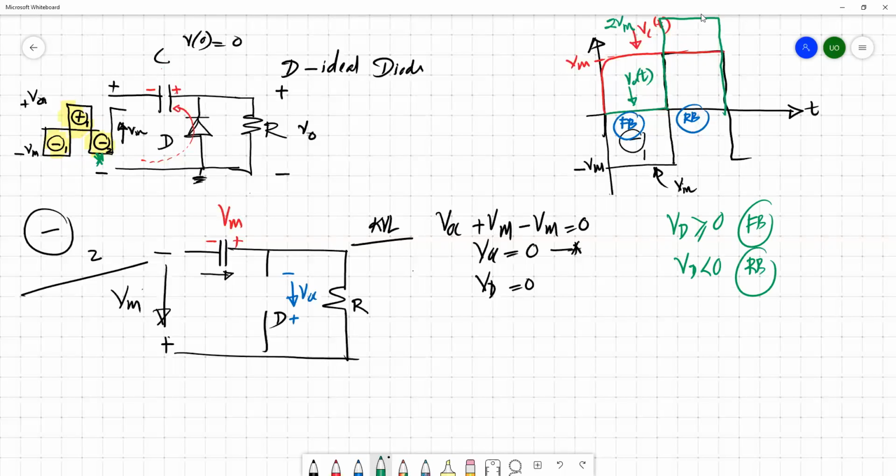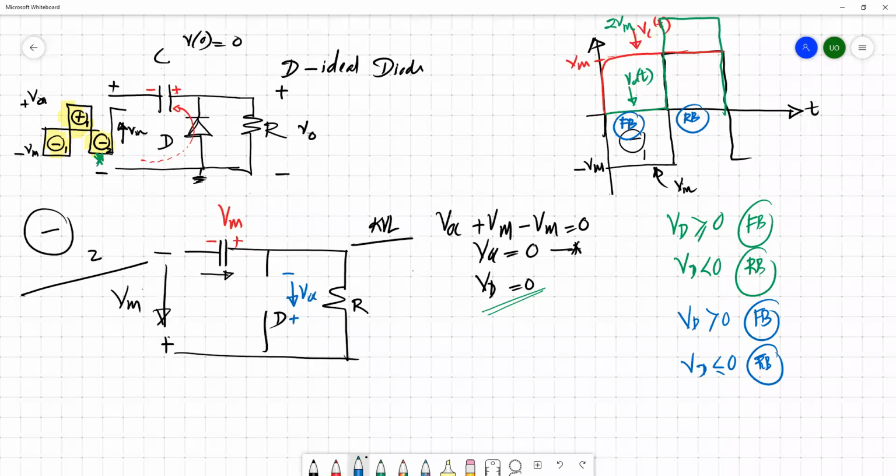But by looking at these two conditions, we can argue that the VD equals 0 scenario is embedded in this forward bias law. But the problem is, this 0 is a kind of a switching point. So one can argue this as well: VD should be greater than 0 for forward bias, and VD less than or equal to 0 for reverse bias.